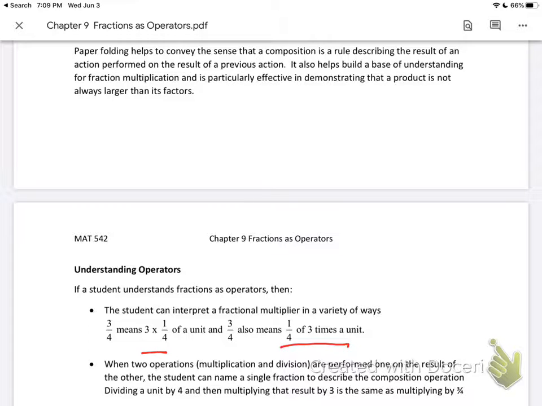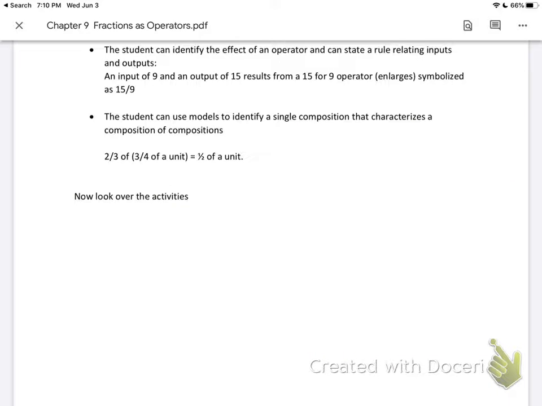When two operations, multiplication and division, are performed, one on the result of the other, the student can name a single fraction to describe the composition operation. So dividing a unit by 4 and then multiplying that result by 3 is the same as multiplying by 3/4. The student can identify the effect of an operator and can state a rule relating inputs and outputs. For example, an input of 9 and an output of 15 results from a 15 for 9 operator.